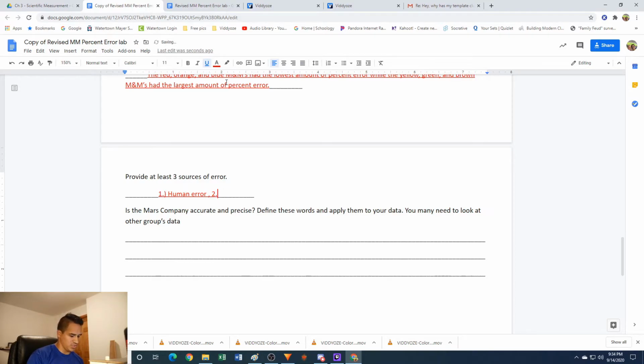Another one would be machine error, right? So I'm sure most of these M&Ms themselves are probably being packed up by a machine or made or counted by a machine. And machines obviously make mistakes, so we can say number 2 is machine error. And then for the third one, other than human error and machine error, it could just be the math calculation.